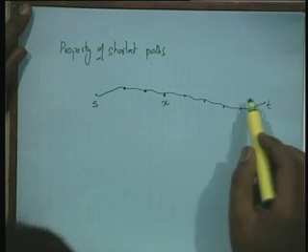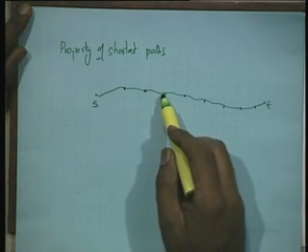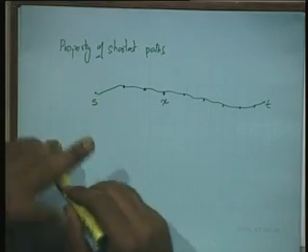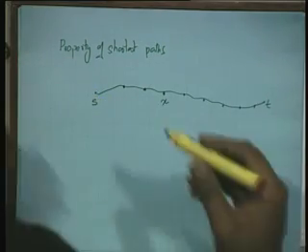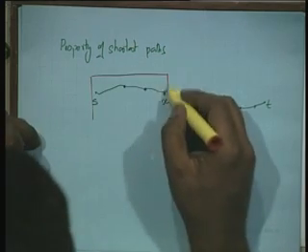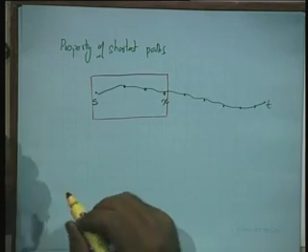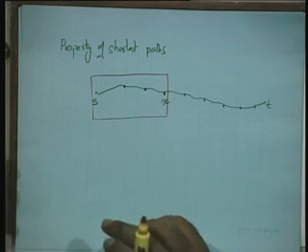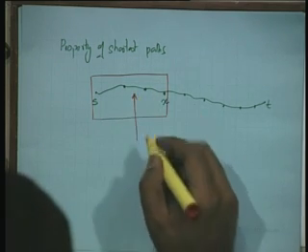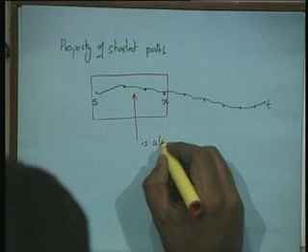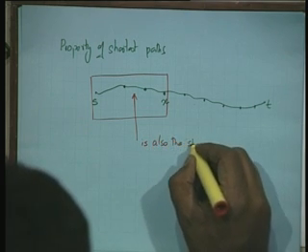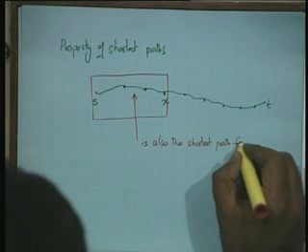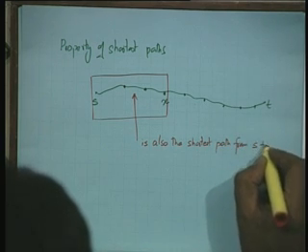Then this part of the path, what I am referring to, is also the shortest path from S to X.